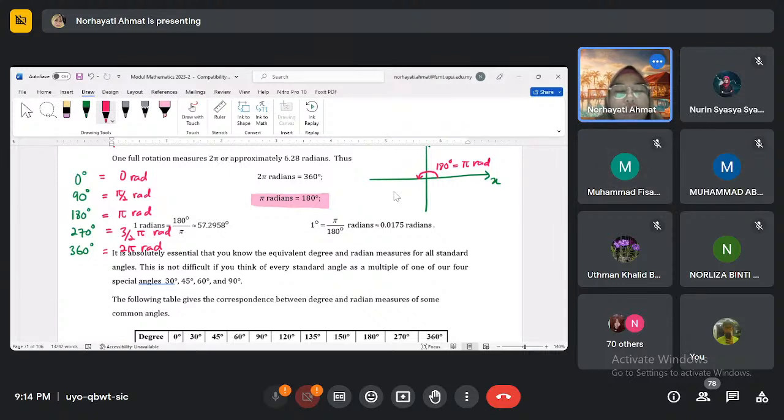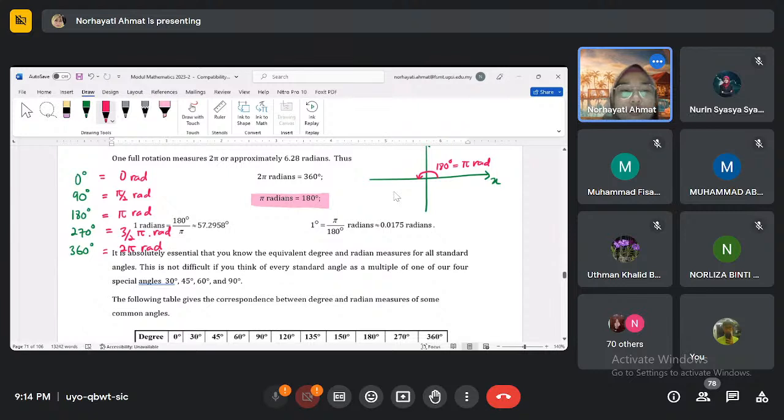Okay, rad pi. Pi kena ada lah. Pi itu standard lah 3.142. Okay, kalau kita tekan calculator, pi is equal to 3.142. Okay, so therefore we need to multiply pi with 3 over 2. Then we will get the decimal number lah of the radian, of the angle in radian.